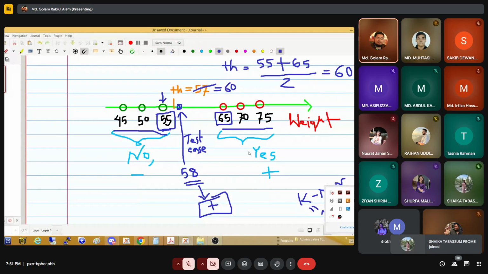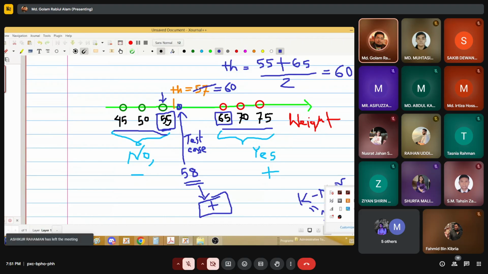Now, still in the training time, if we set the threshold 60, we will get 100% accuracy, because these 3 people's weight are less than 60, and these 3 people's weight are greater than 60. But our threshold is changed now.